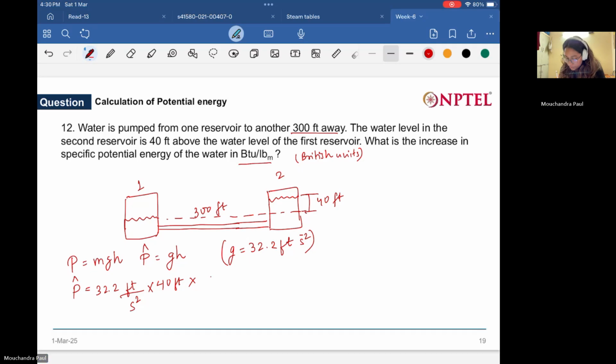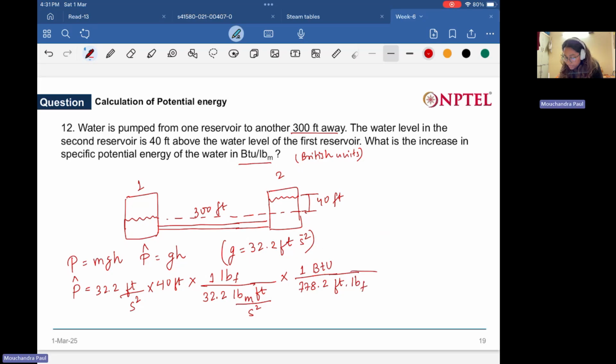So 1 lbf, or 1 pound force, is equivalent to 32.2 pound mass feet per second squared. And 1 BTU, which is like joule, is 778.2 feet into lb force.